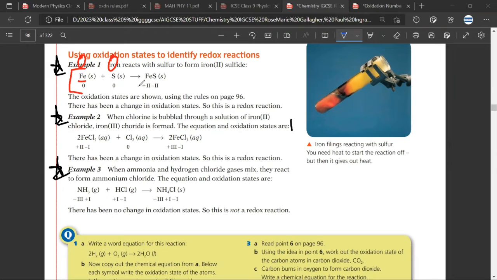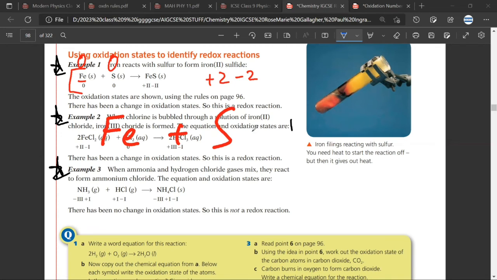Now when you look at FeS, see, sulfur and oxygen are in the same group. So if I have to guess the oxidation state of sulfur, it would be -2. If this is -2, then iron would be +2. Any doubt? No, sir. Now let us look closely at what has happened.